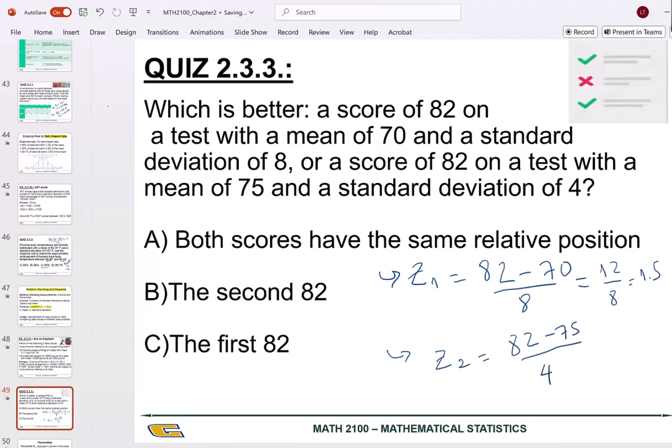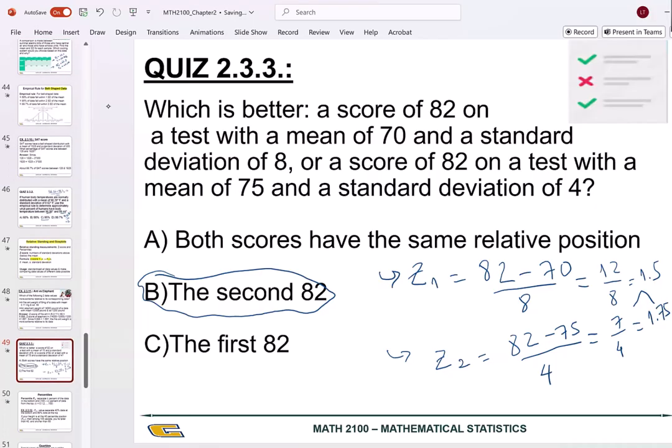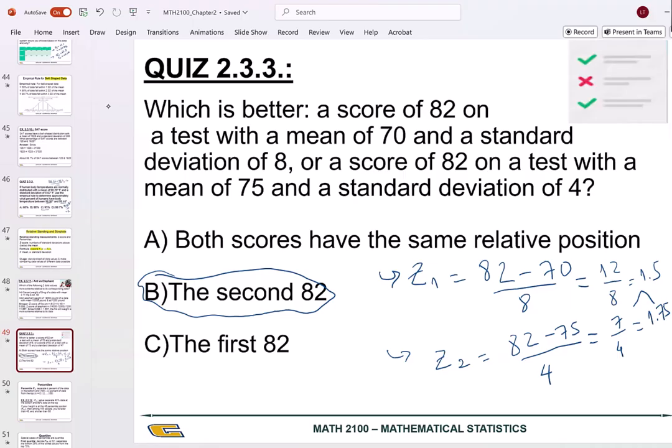How far from the mean in terms of standard deviation? You get 7 divided by 4, and you get about 1.75. So this one is bigger, which means the second 82 is better. Even though it's still 82, compared to the whole class it is better, because maybe different tests have different levels of difficulty. So this time you did better.